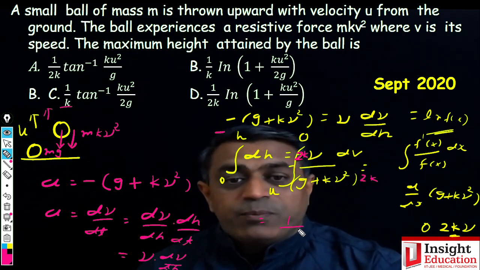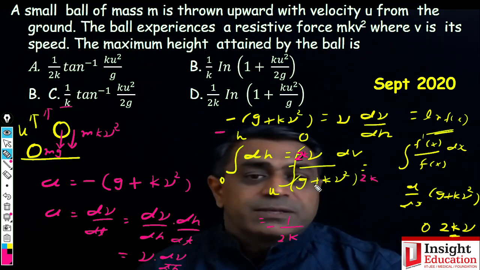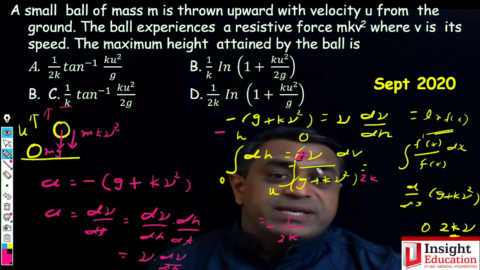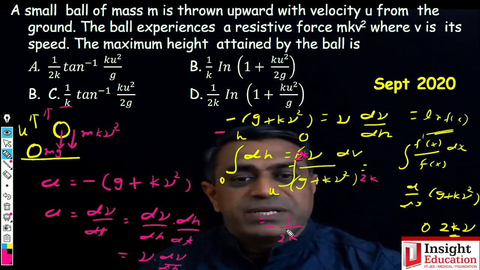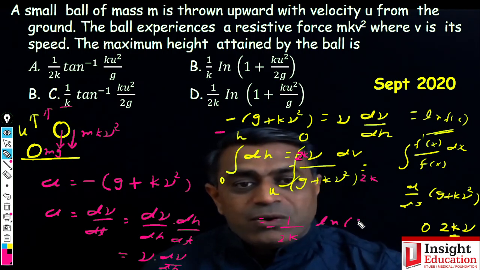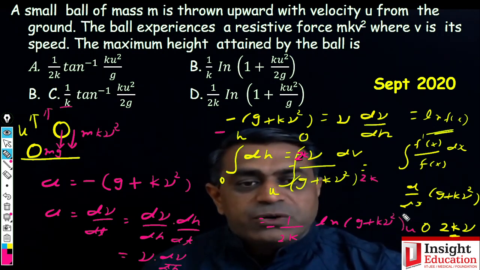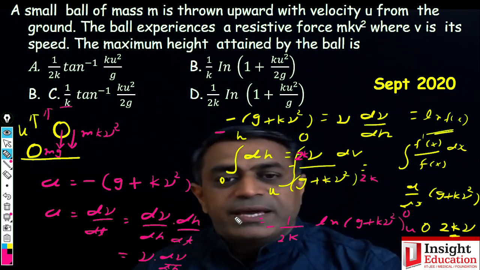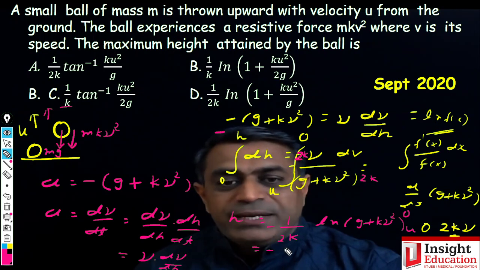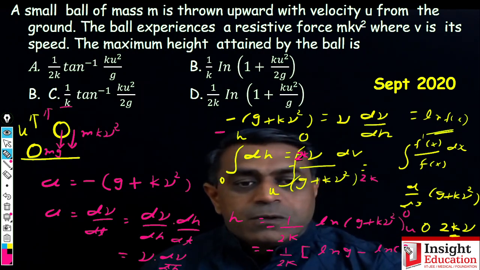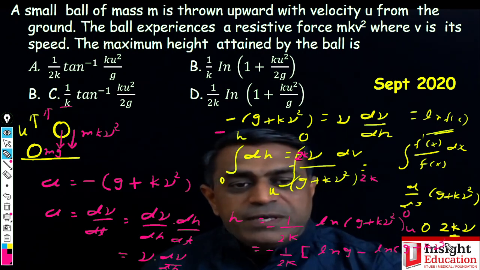So I can write 1 upon 2k minus the integration of f dash x upon f x, where f x is the denominator and f dash x is its differentiation. So its integration is log of f x, log of g plus kv square, and the integration is from u to 0. Here I can write h equals minus 1 upon 2k, log of g minus log of g plus kv square.